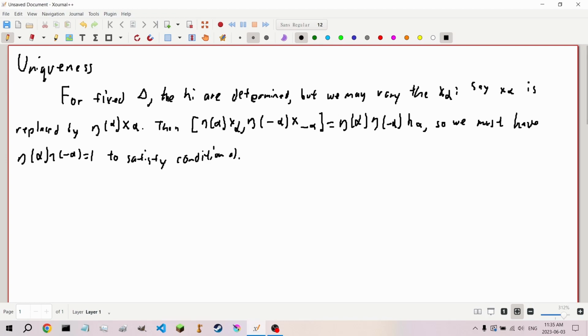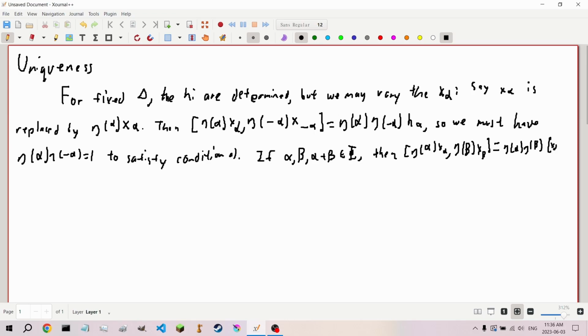Now if alpha and beta are roots with their sum being a root, then the bracket of our scaling factor eta_alpha on x_alpha with eta_beta on x_beta is going to be eta_alpha eta_beta, of course, of x_alpha.